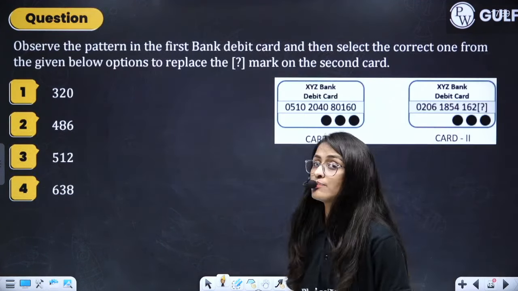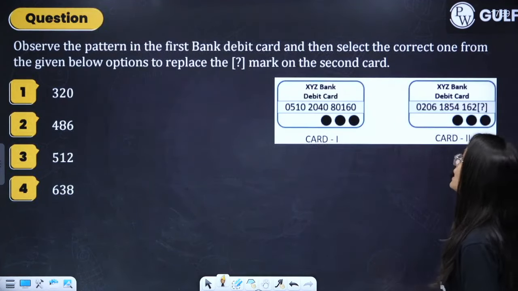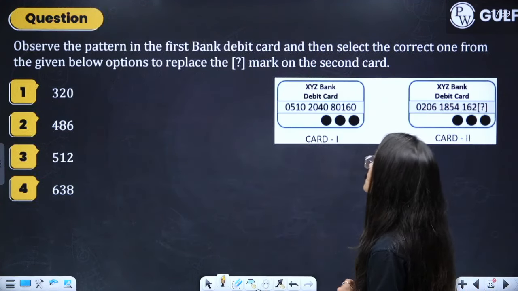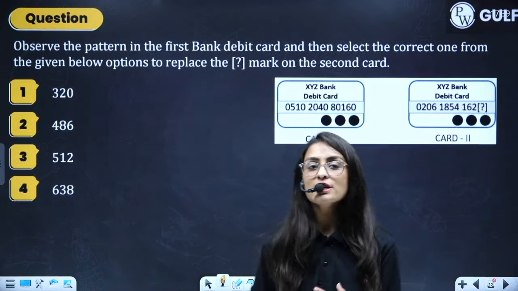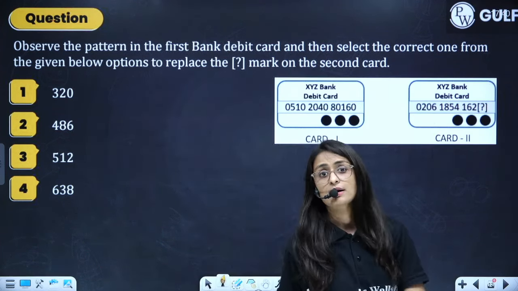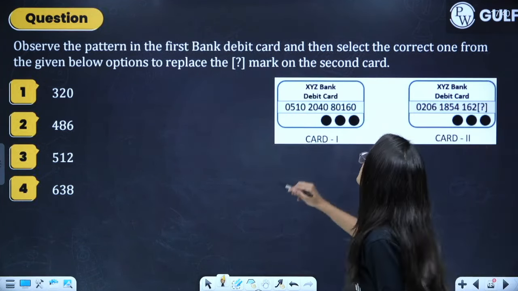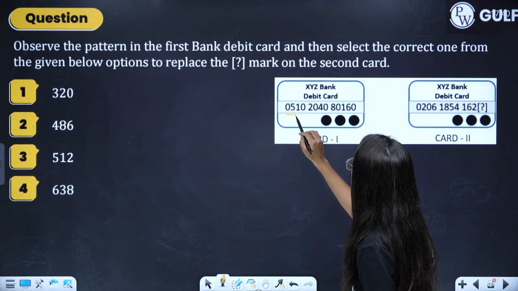Moving forward to the other question: observe the pattern in the first bank debit card and then select the correct one from the given options to replace the question mark on the second card. We need to check the pattern in both the cards. First of all, observing the first card, which is complete, if I multiply 5 by 2, I'll get 10.